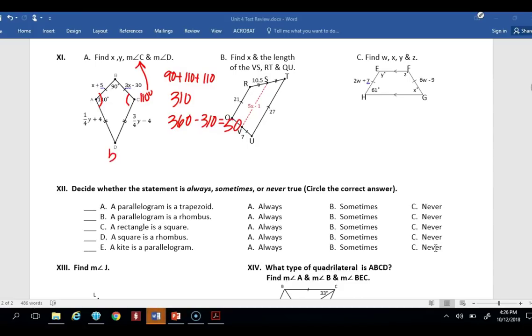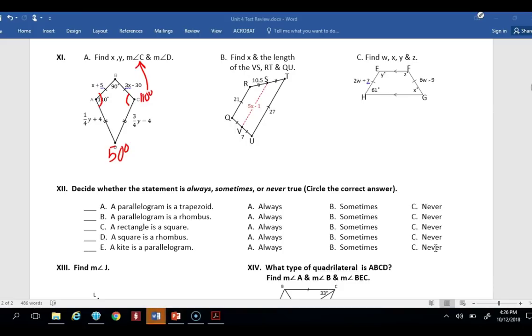So this angle down here would be 50. And 50 plus 90 is 140. 140 plus 220 is indeed 360, so we could check it too. So then the only other thing that we need to find here, so that was 110 and the other angle down there was 50. So now let's go ahead and find x and y.